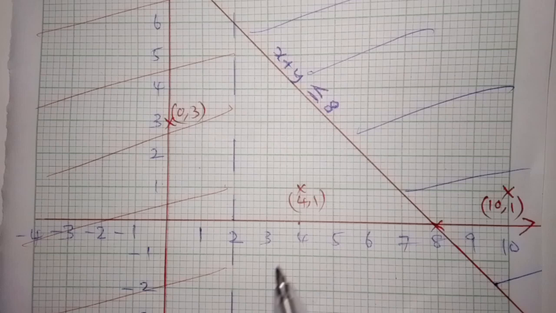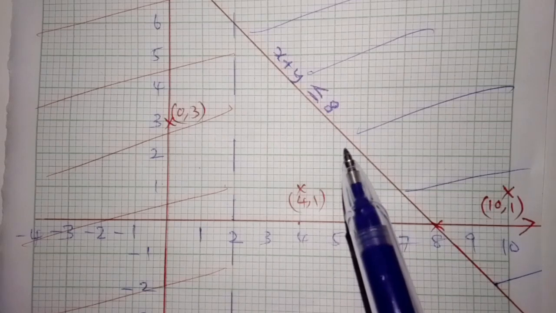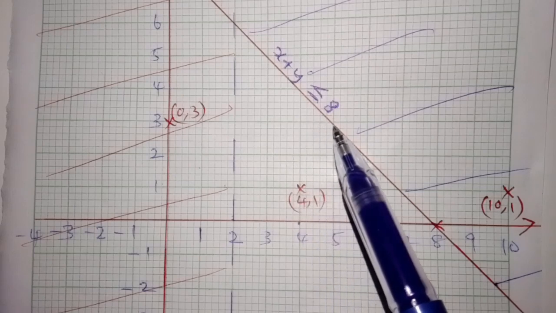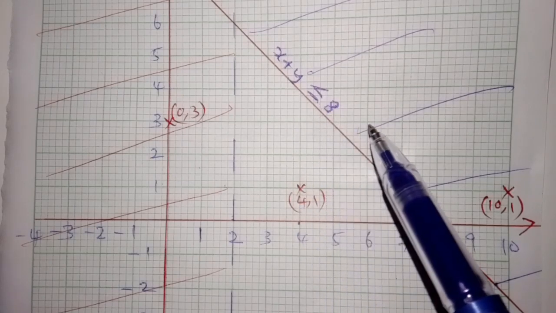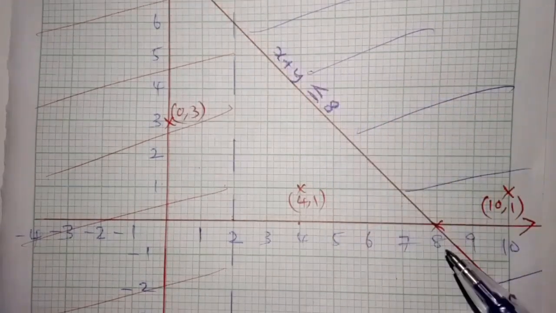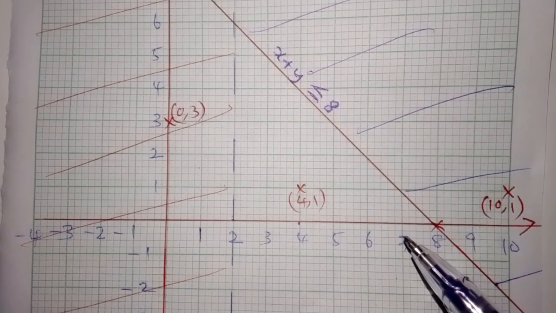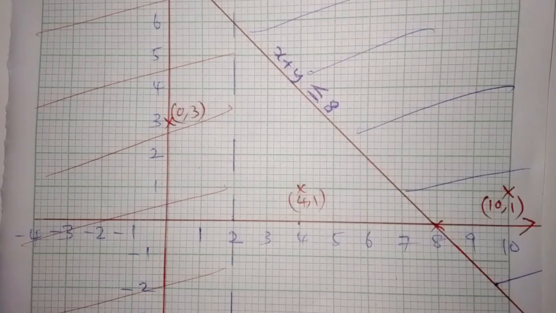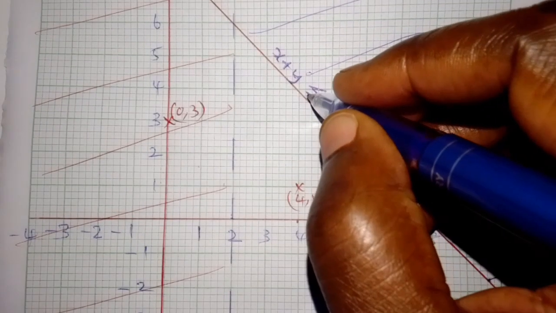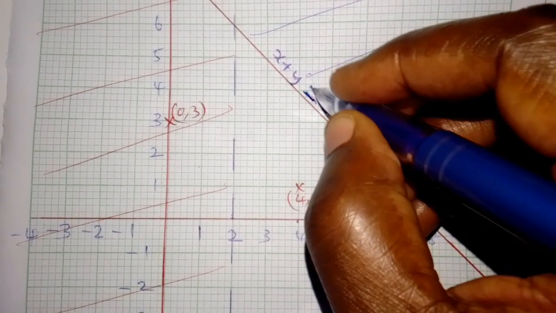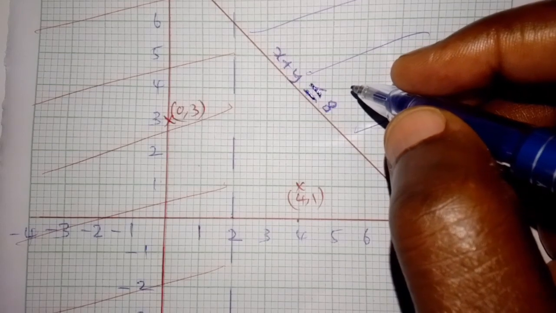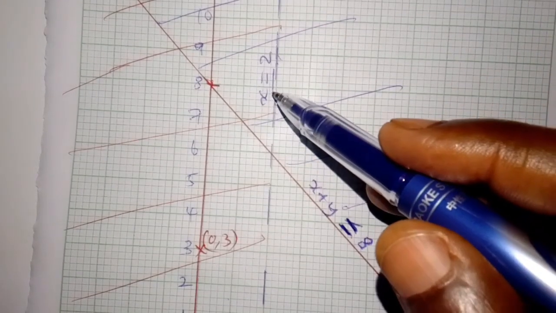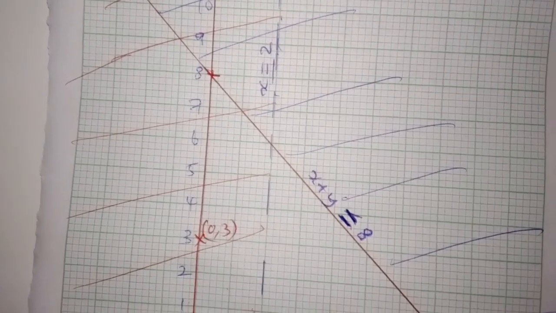After ending up with a graph like this, the line x plus y is equal to 8 will be this one here, and the line x is equal to 2 will be this one here.